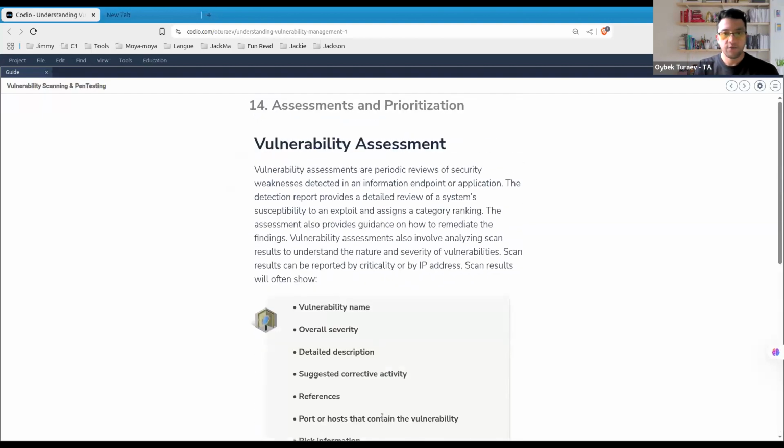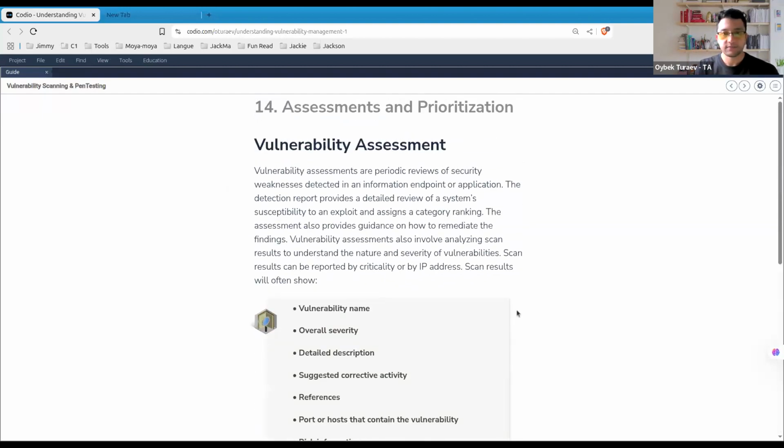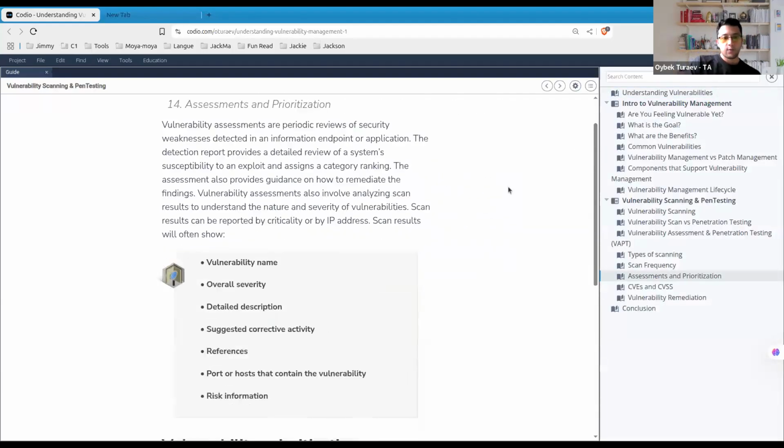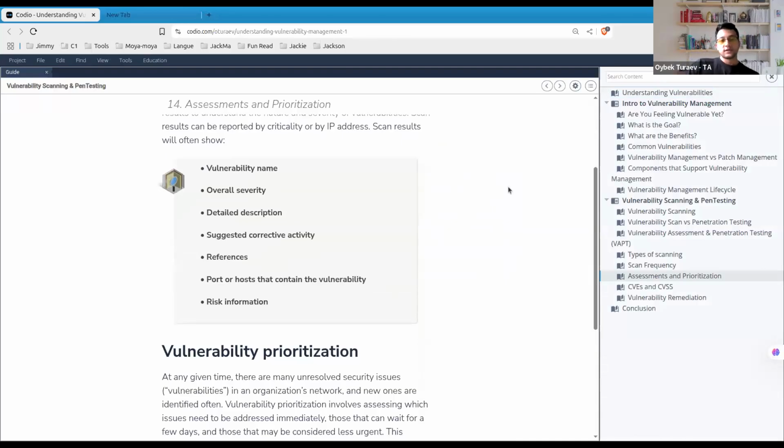Now we're going to move to the next topic, the vulnerability assessment. Vulnerability assessments are periodic reviews. What kind of information are they going to give us, guys?